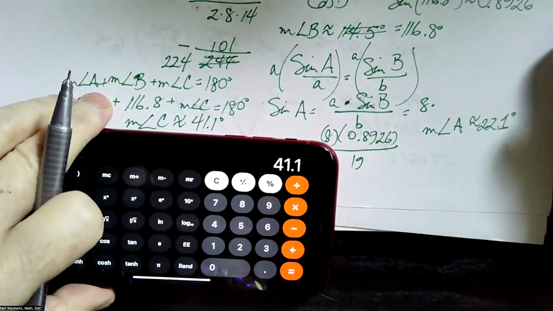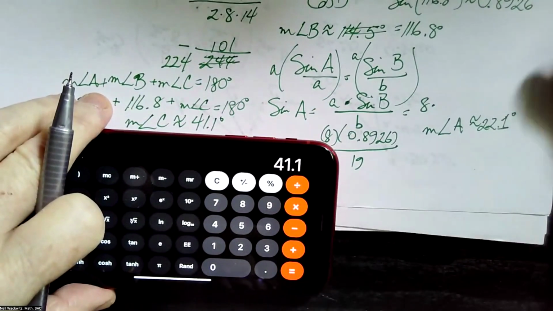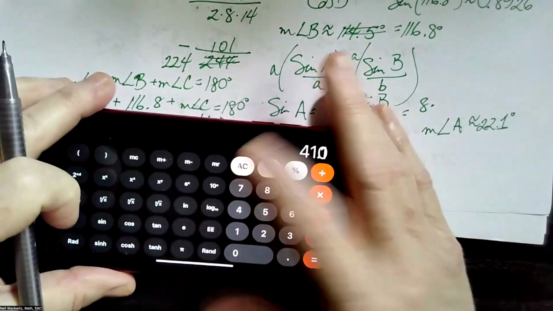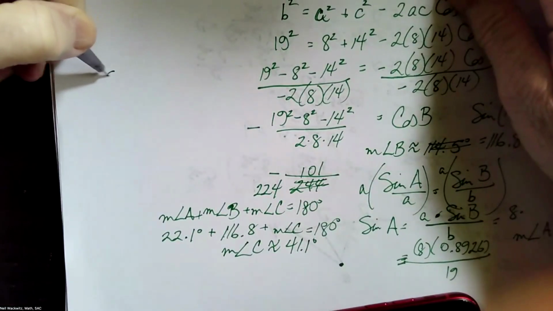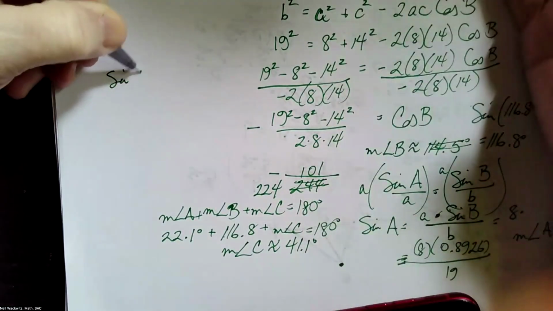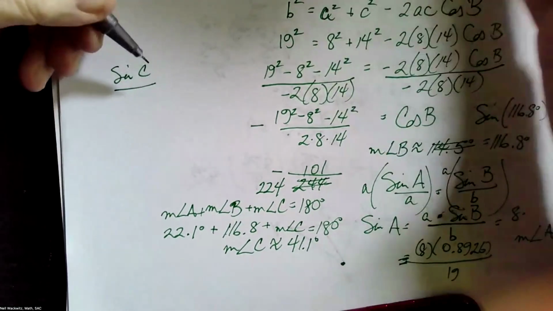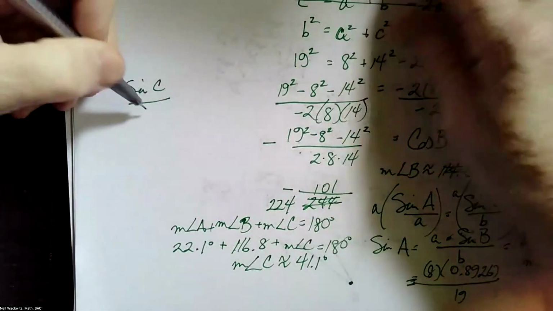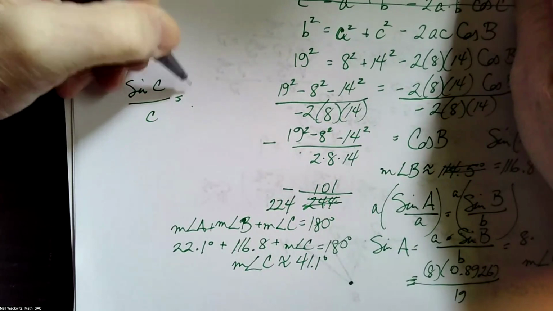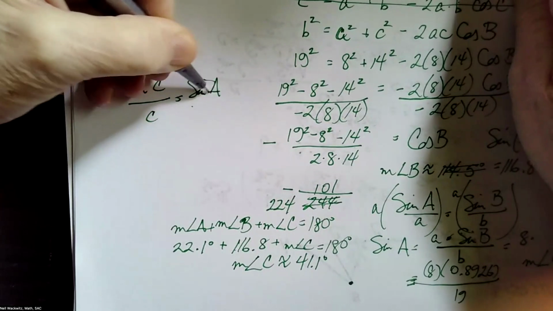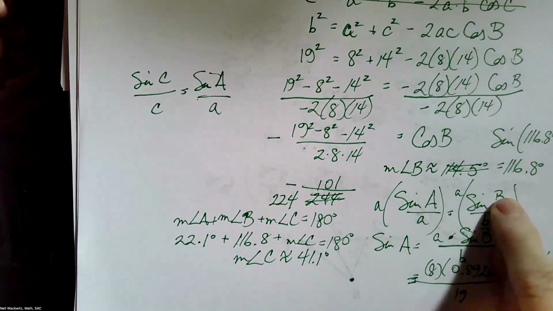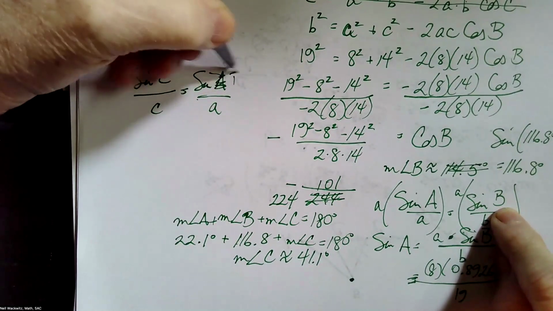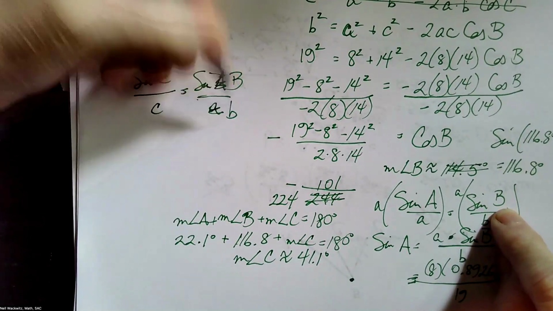Now let's find the measure of angle C using the law of sines. I know that I'm going to put sines on top since that's what I'm looking for. I'm looking for angles. Oh, we're starting with B. So sorry, B and little b.